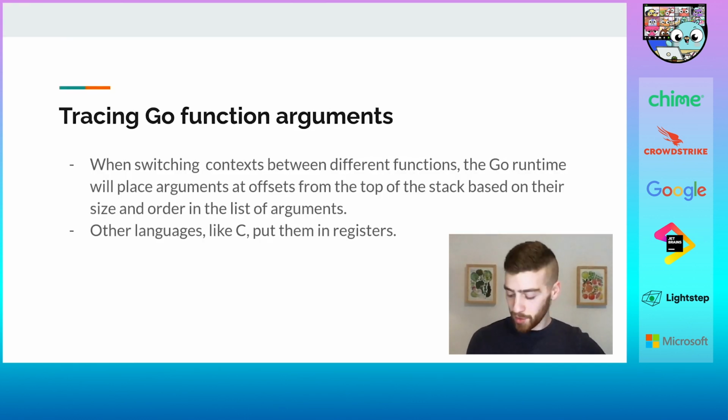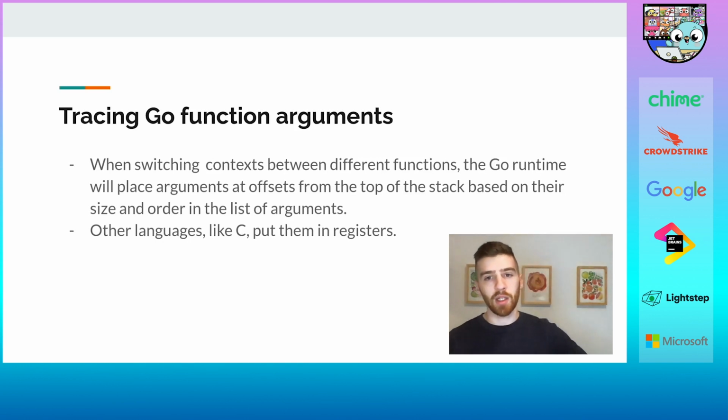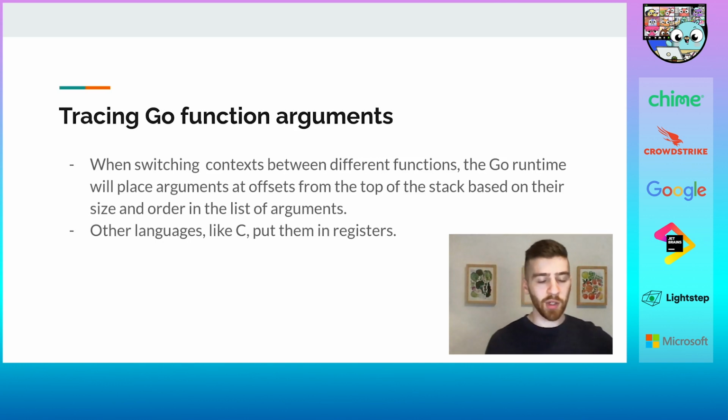So what I want to demonstrate next is tracing Go function arguments, actually getting the arguments that are passed into functions. When switching context between different functions, the Go runtime places the arguments at offsets from the top of the stack based on their size and order in the list of arguments. Other programming languages like C typically put them in registers.